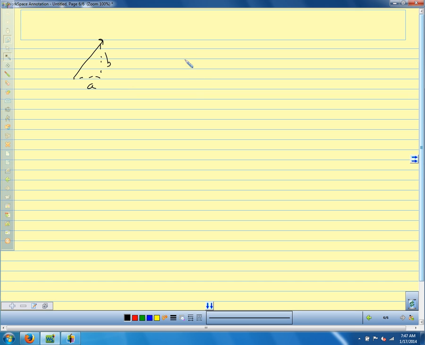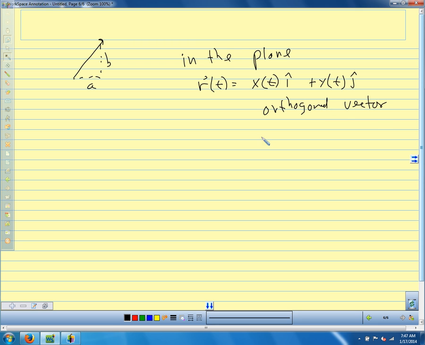So if we have in the plane r of t equals x of t i plus y of t j, an orthogonal vector is negative y of t i plus x of t j, or y of t i minus x of t j.